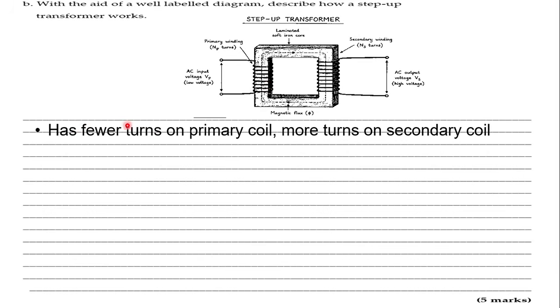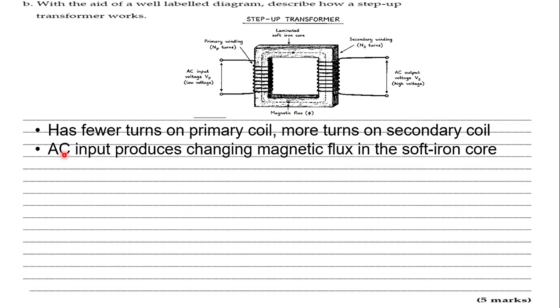Alright, so it has fewer turns in the primary coil here and more turns in the secondary coil over here. So the AC input produces changing flux in the soft iron core. Remember that AC, alternating current, is preferred to direct current because AC must produce changing magnetic flux.